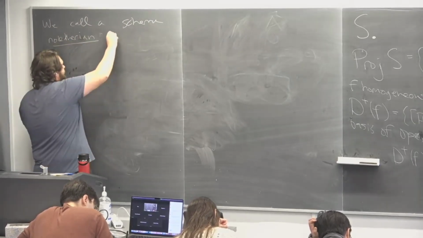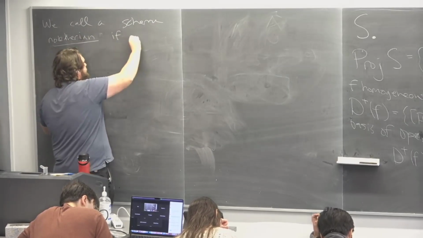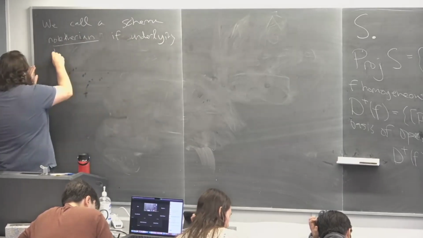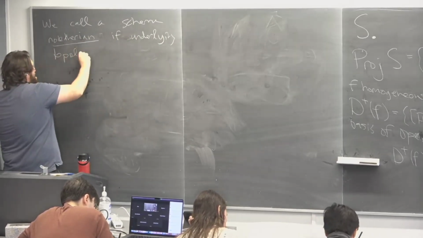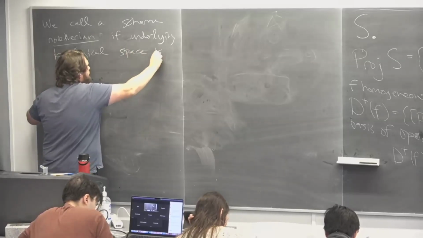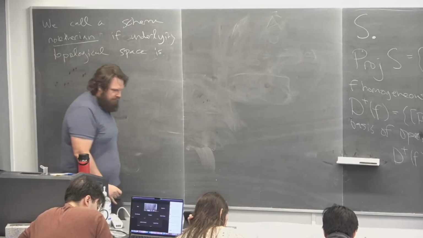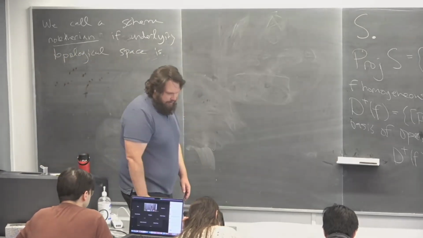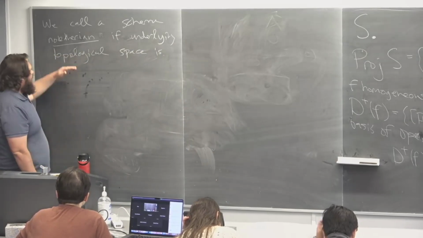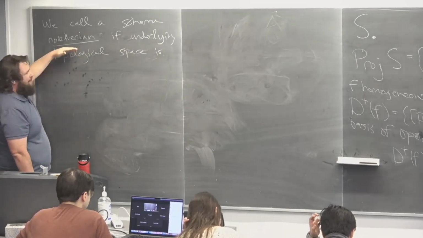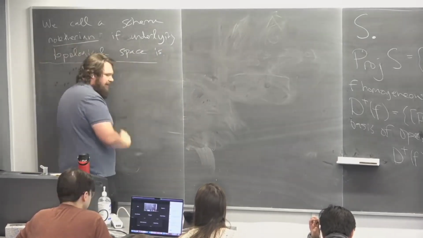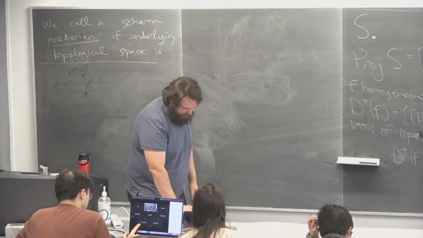So we call a scheme Noetherian if the underlying topological space is. That's pretty self-explanatory. We've already covered the definition of a Noetherian topological space. As I said, for an affine scheme, this doesn't guarantee that the ring is Noetherian, but it gives us enough nice properties that it's good enough for most things.